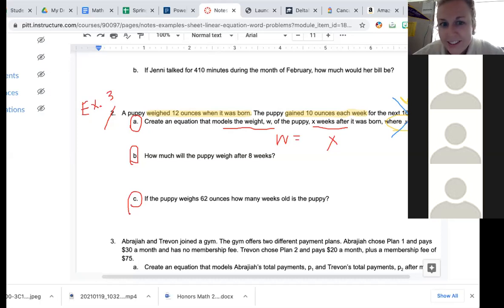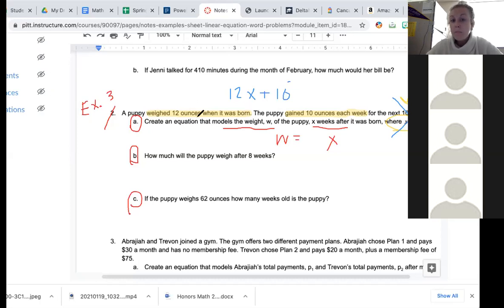Listen again. The rate, which goes with the X, is how much it goes up or down by each week. The base is what it starts at. So what you guys told me, I'm gonna write it so you can figure out what you did wrong. You guys told me to do 12x plus 10.